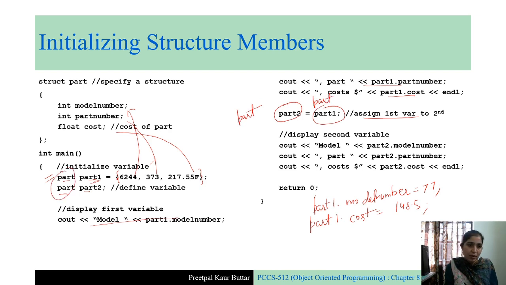So it is possible to assign a variable to another variable of the same type. Now part1 and part2 are same, so you can use part2 dot model number, part2 dot part number, and part2 dot cost to display the same values which we assigned to part1.